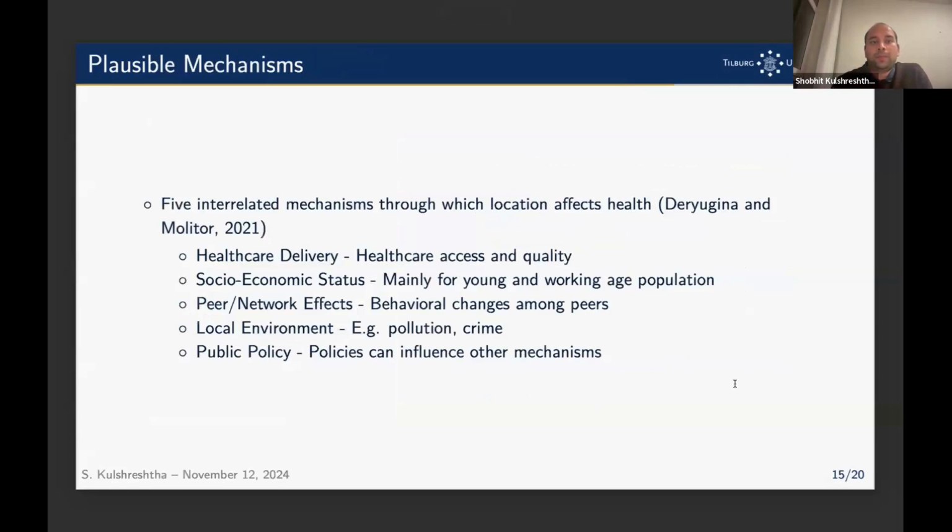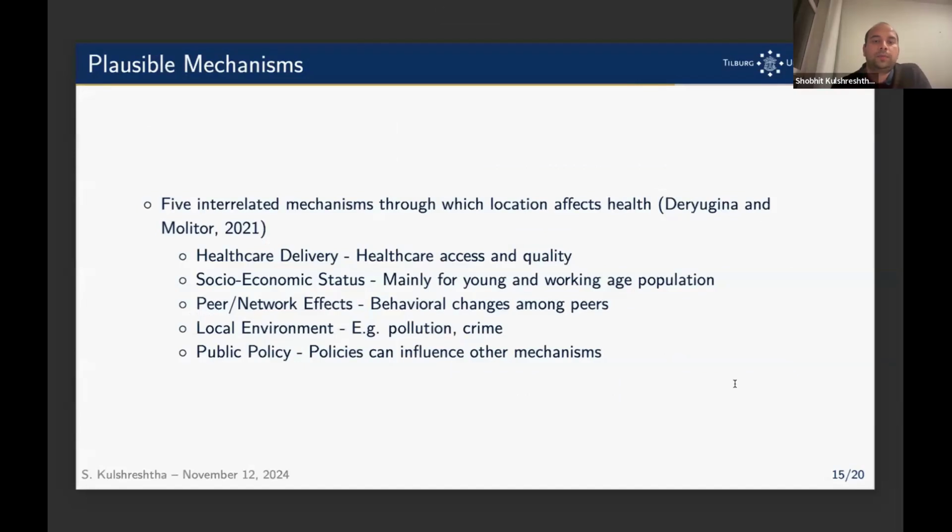Now coming to mechanisms. As I mentioned, there is a lot of literature on this in health economics, where they want to find out the plausible mechanisms through which a location might impact your health.